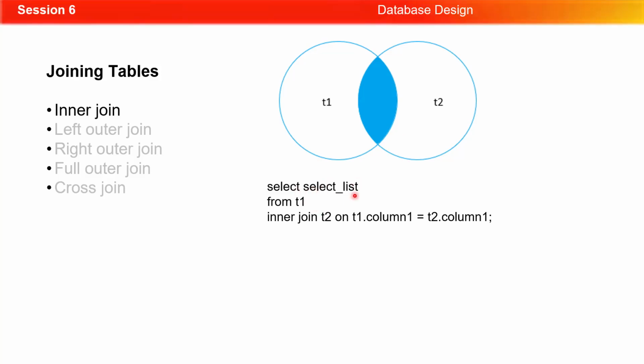We have a select list, which is the columns from the table on the left, and then we inner join with table 2 on where table 1's column 1 equals table 2's column 1. I know this looks a little hard to follow, but it's really not too bad.